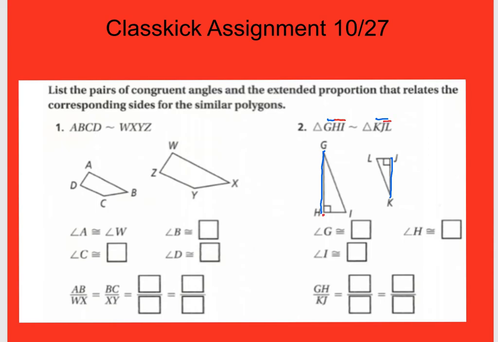And then I like pink, so I'm going to do GI and KL. So do you see how I have the three sides that match up? You have the first two, the second two, and then the first and the last.